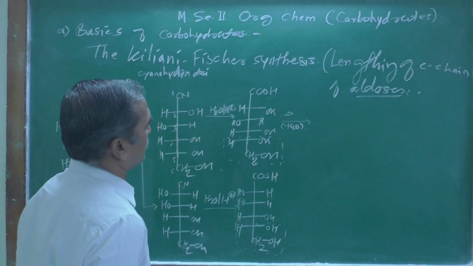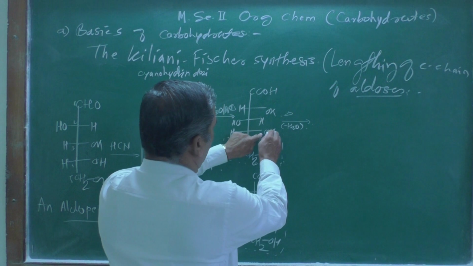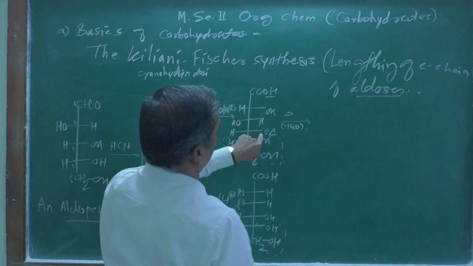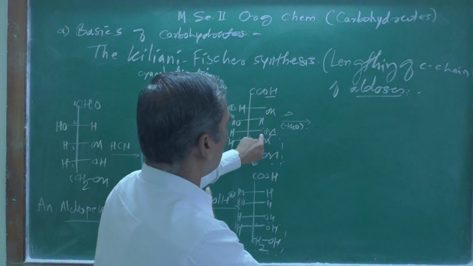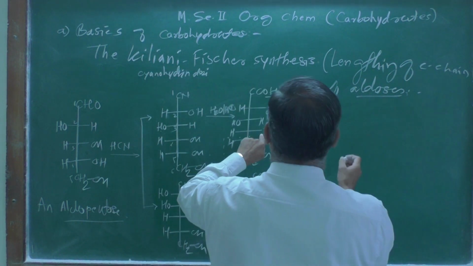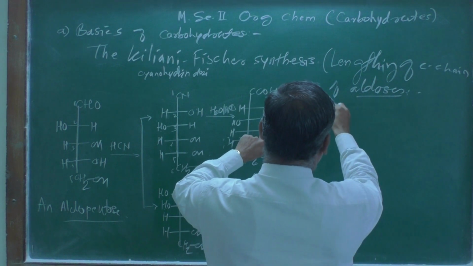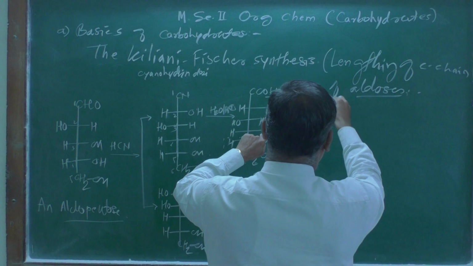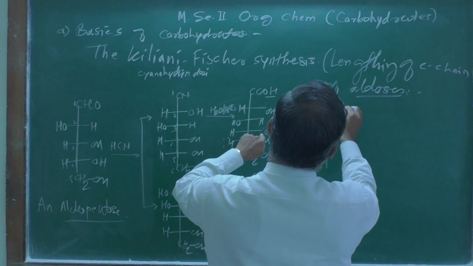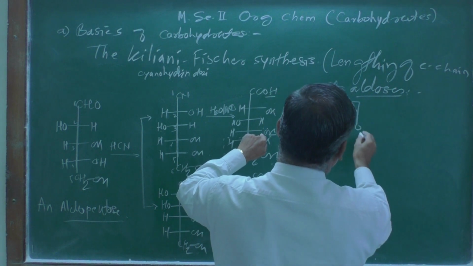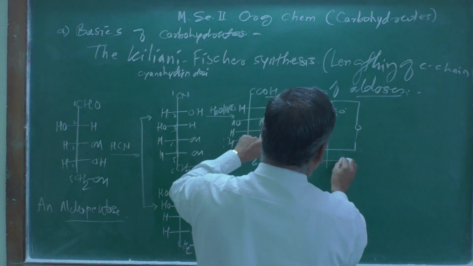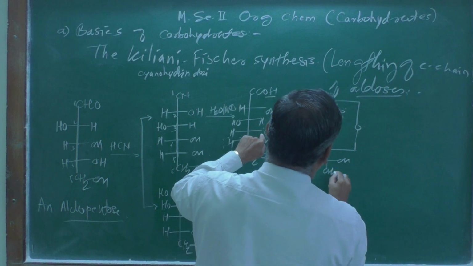Now what is going to happen over here? This hydroxy group from here and the carboxylic group from here, OH from here and H from here, they are lost as a water molecule, and what you are going to get in this case, on the right hand side, is the formation of this type of compound. A lactone is formed over here, so you can write C double bond O, and then O, then this one, this is a lactone formation, and then OH, H, and then you write CH2OH.